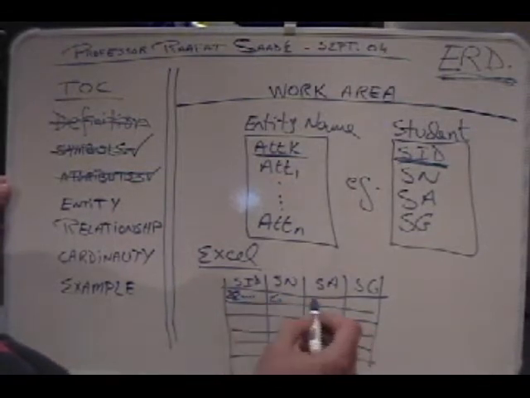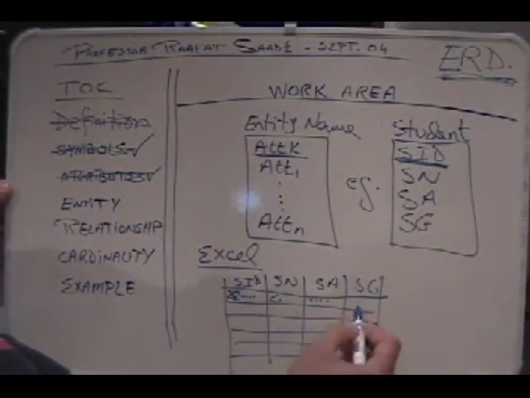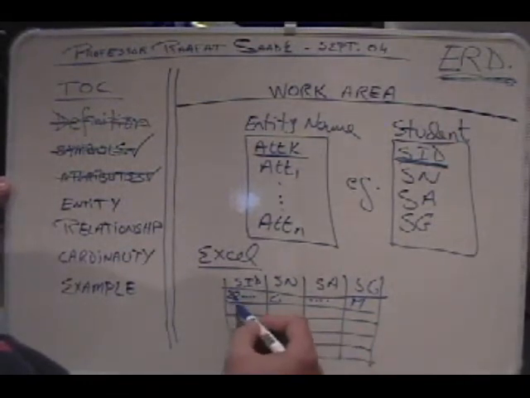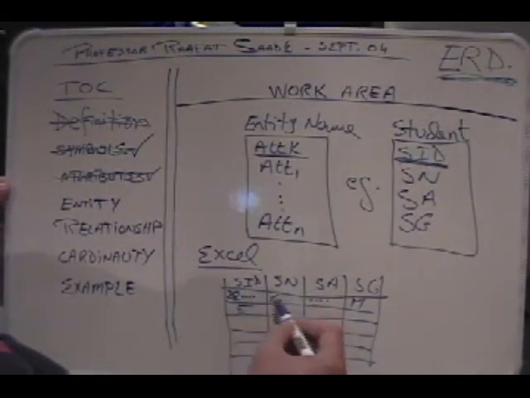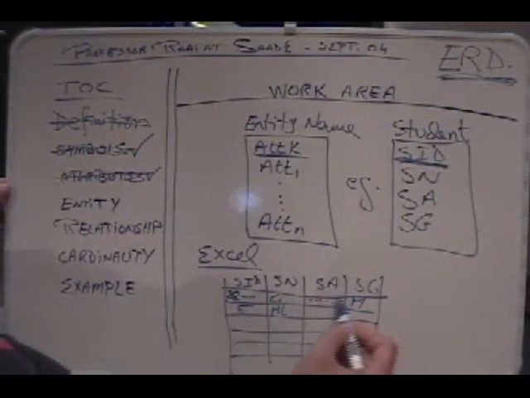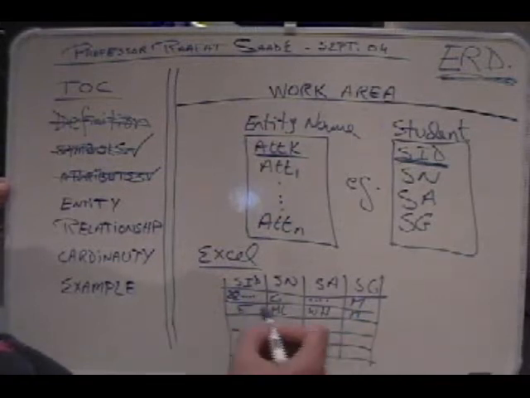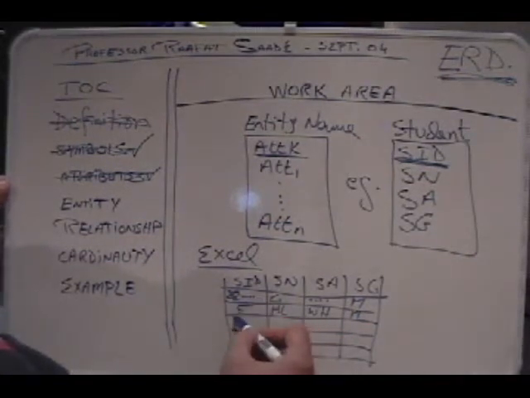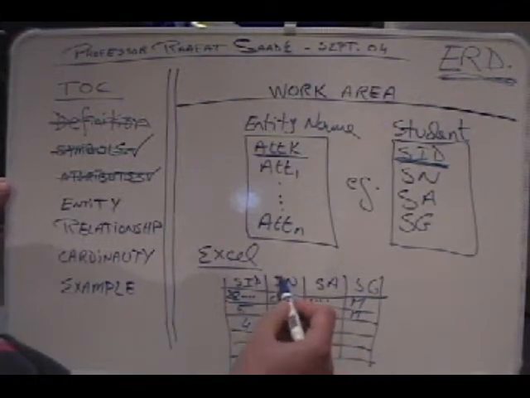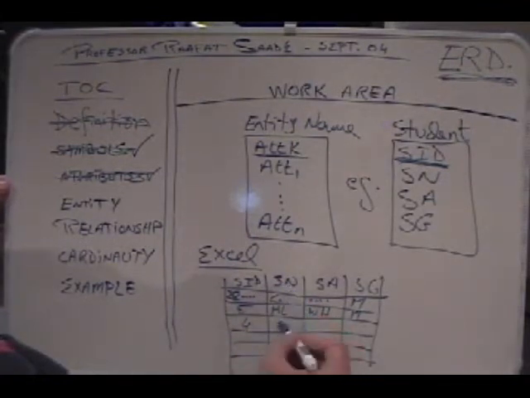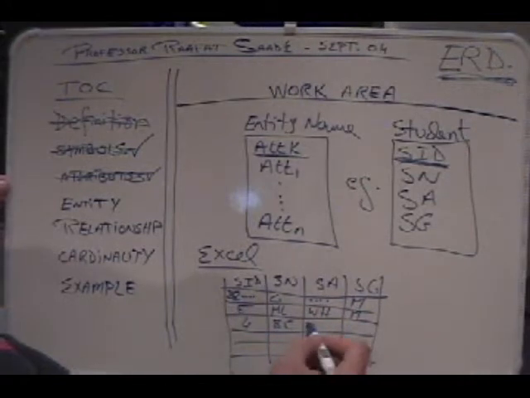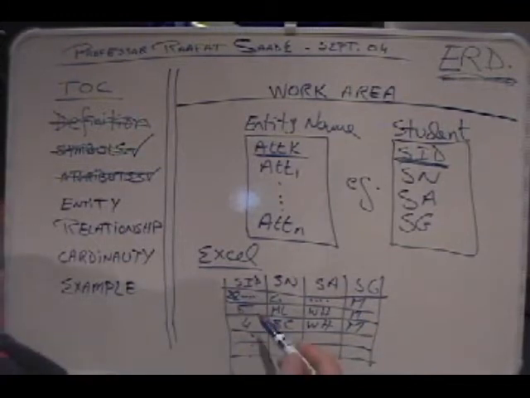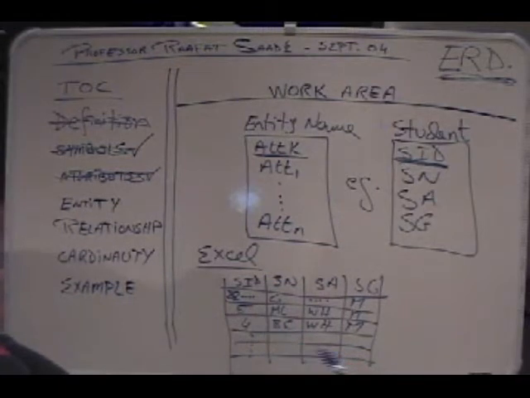Name is George, address is so on, gender is male. Student ID is 5, name Monica Lewinsky, address White House, gender, now it's male. We go student ID 4, student name could be Bill Clinton, White House, male, and so on. So in effect, you have a table that gives you a list of all the students.